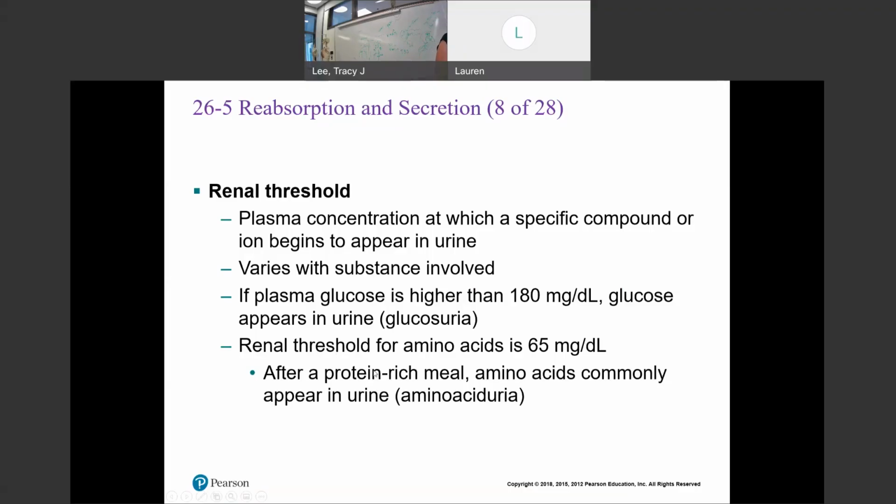We may see some amino acids. We should not see excessive proteins in the urine though. So amino aciduria is one of those, glucosuria. So those are high glucose, high amino acids. Is everybody good?